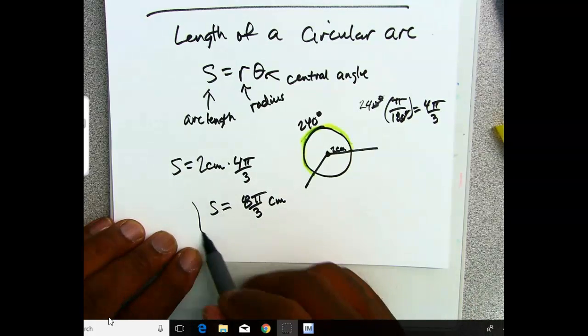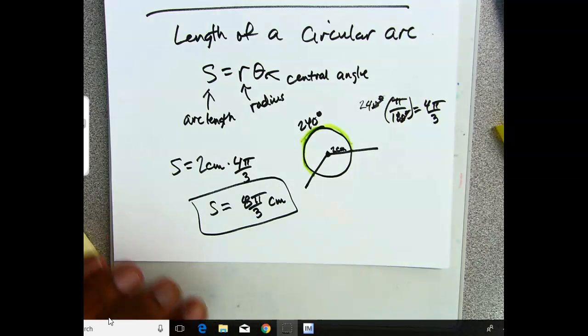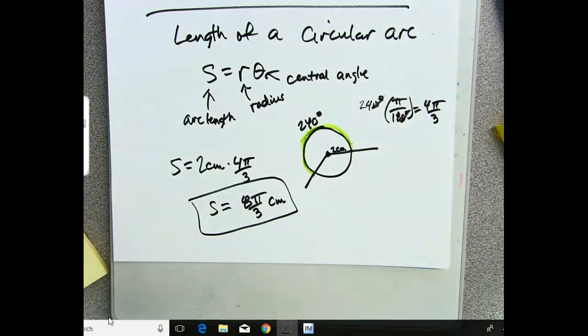That would be the length of that circular arc. And if we wanted to figure out what that was approximately, we just multiply out the pi times the 8 divided by 3. All right, any questions?